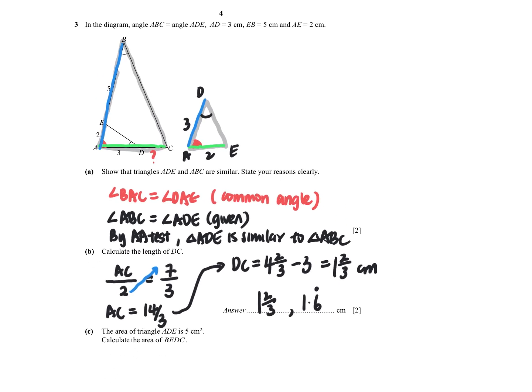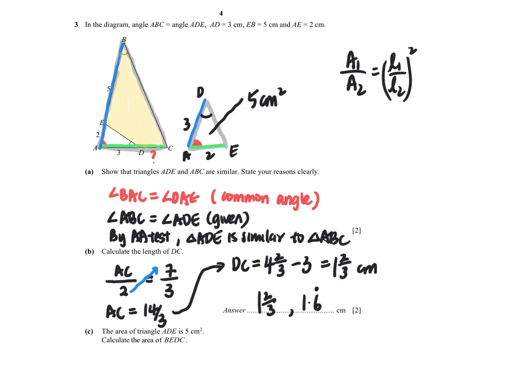Okay, last one. The area of this triangle is 5 cm squared. So I want to find the area of BEDC, this part, not the whole thing. But first thing, I know they are similar triangles. So when they talk about area, you need to think about A1 over A2 equals L1 over L2 squared.